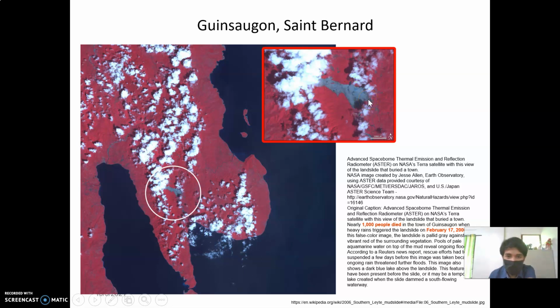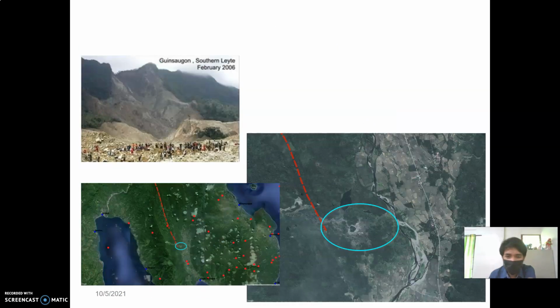That is why with the application of GIS, without going to the place itself, you can already see and look at the extent of the damage made by that particular landslide. This is a picture, no? This is the part of the mountain that took the landslide, which fell onto the barangay below. The whole barangay disappeared from the map because of the landslide. Again, nearly 1,000 people died in that barangay.